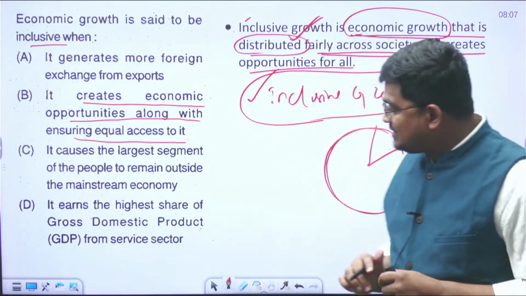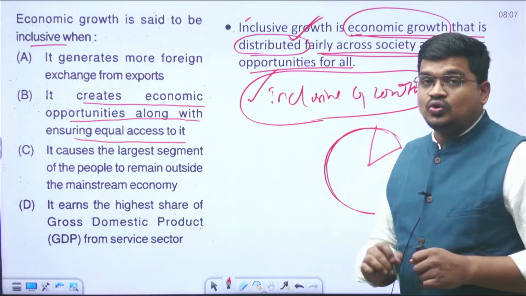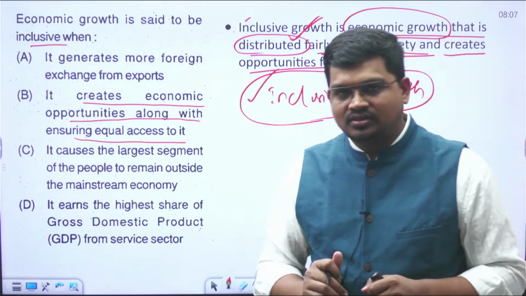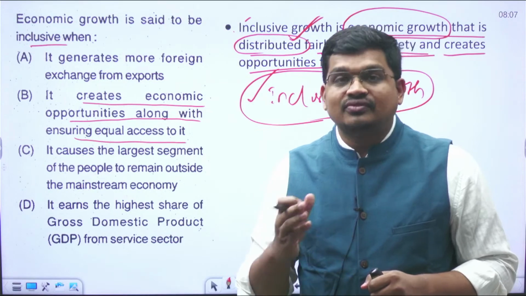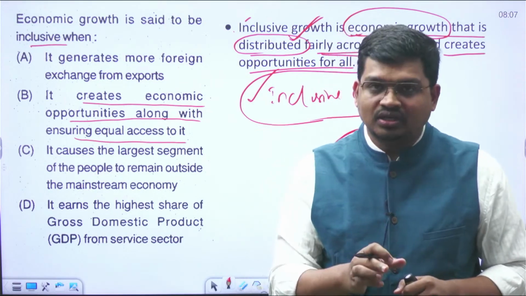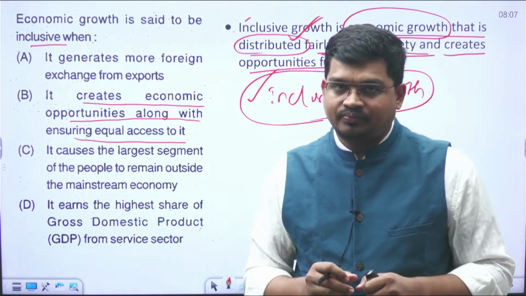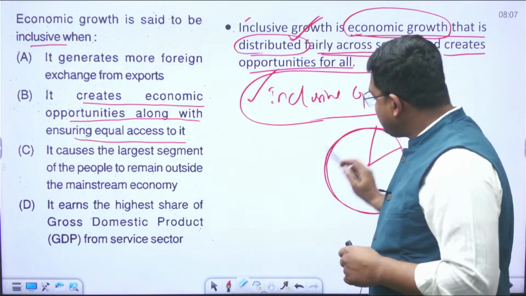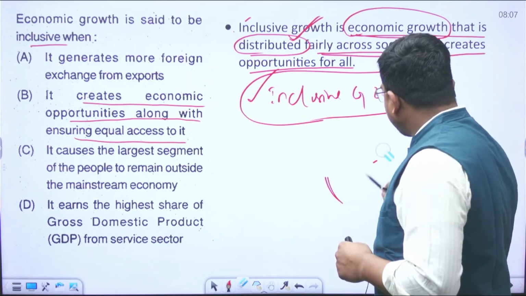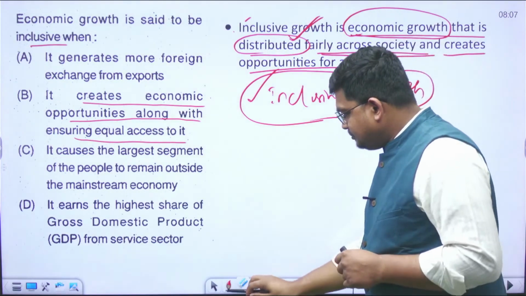Now, economic growth is a quantitative aspect. Economic growth means the goods and services produced in the economy in a particular year, or technically speaking, the value of goods and services produced in an economy in a given period of time.